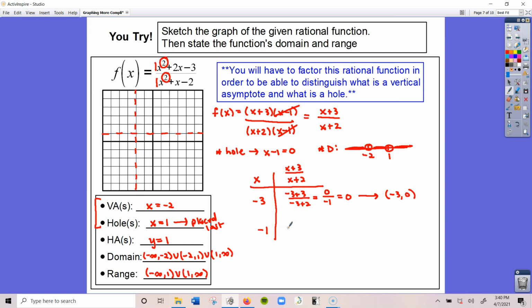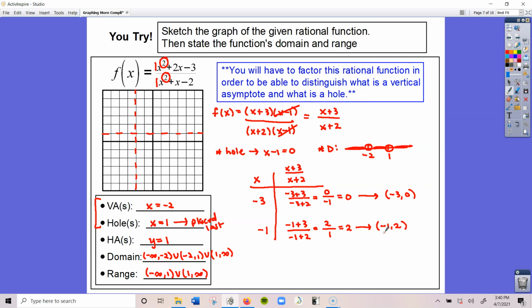If I plug in -1, I get -1 plus 3 over -1 plus 2. When I work this out, -1 plus 3 is 2 over -1 plus 2, which is 1. And 2 divided by 1 is 2. So I have another coordinate at -1, 2.